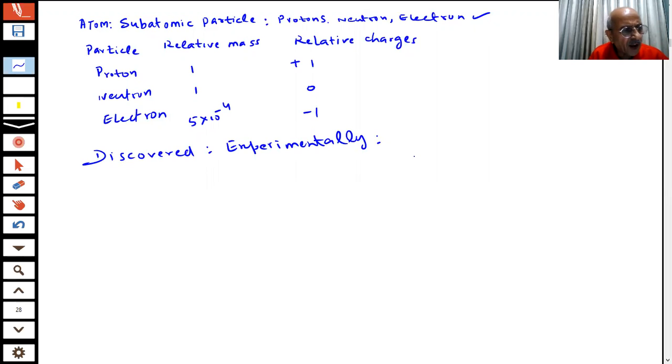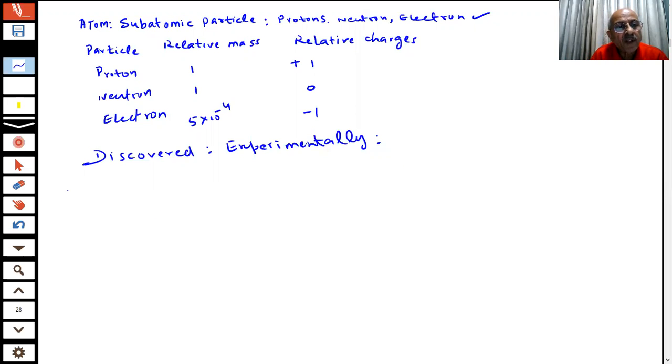But after that, in the early 19th century, you started knowing proton, neutron, electron, and the discovery of these particles, students, has transformed the entire science. The modern science which you are learning, which you are working, is all based on these subatomic particles.